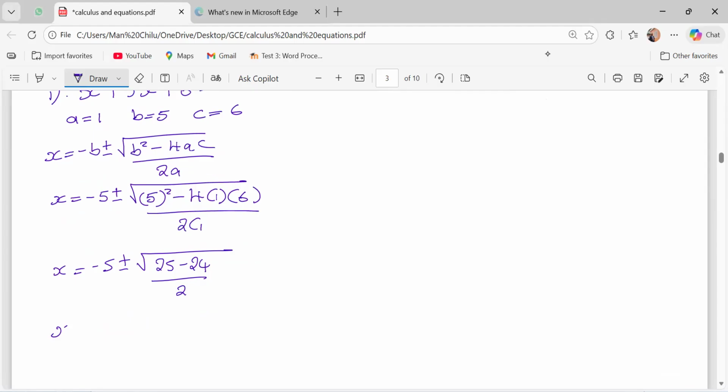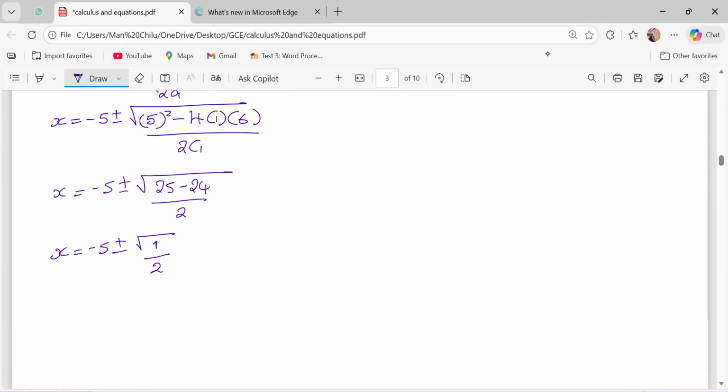So our x will be equal to negative 5, positive or negative, square root of 25 minus 24, you get 1, over 2. And the square root of 1 is equal to 1. Therefore, our x is negative 5, positive or negative 1 over 2.